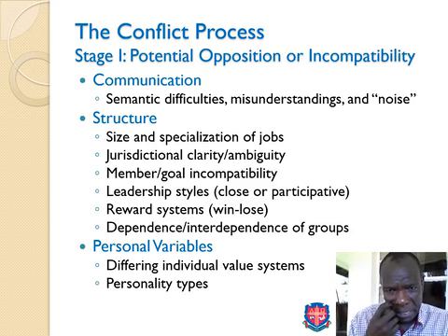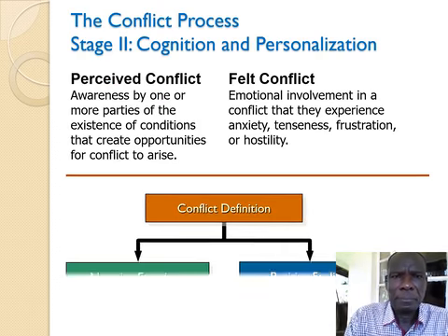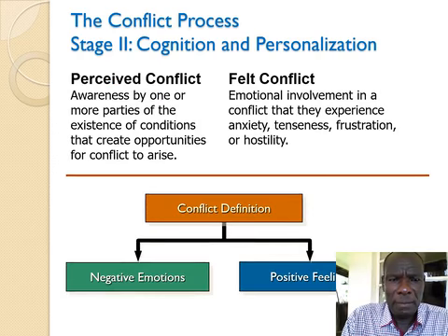All those can work together to start the conflict process. From that potential, you move to stage 2, which is cognition and personalization.